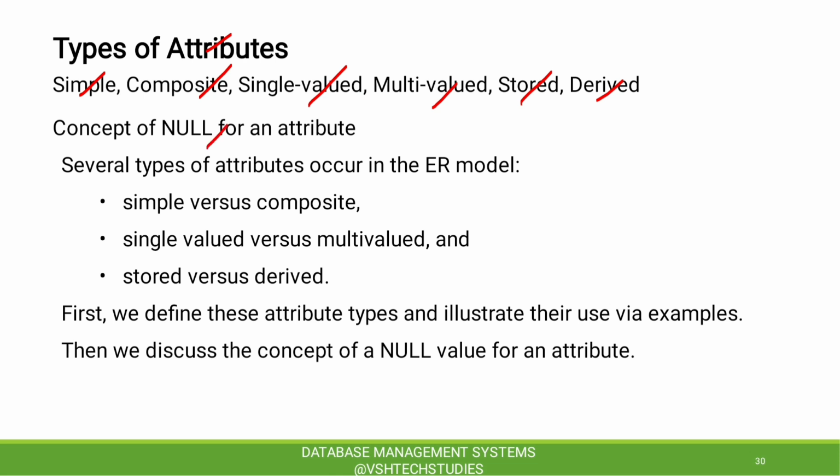Then we'll have a discussion on simple versus composite, single valued versus multi-valued, stored versus derived. First we'll define these attribute types and then we'll illustrate them using examples. Then we discuss the concept of null value for an attribute.